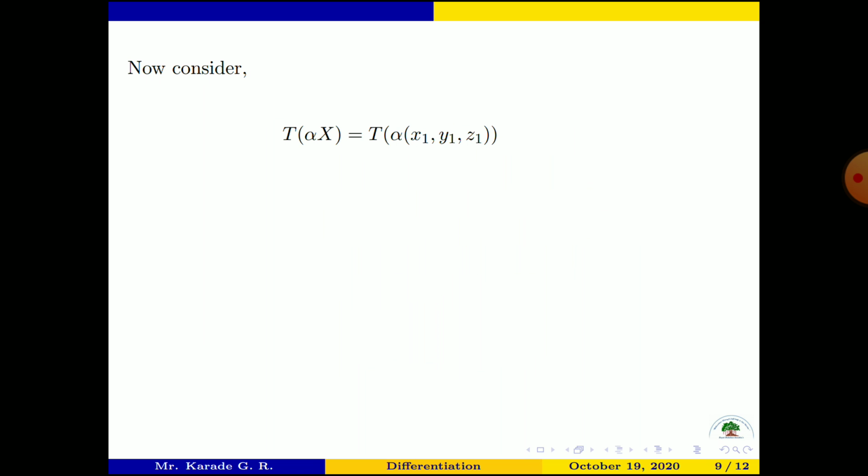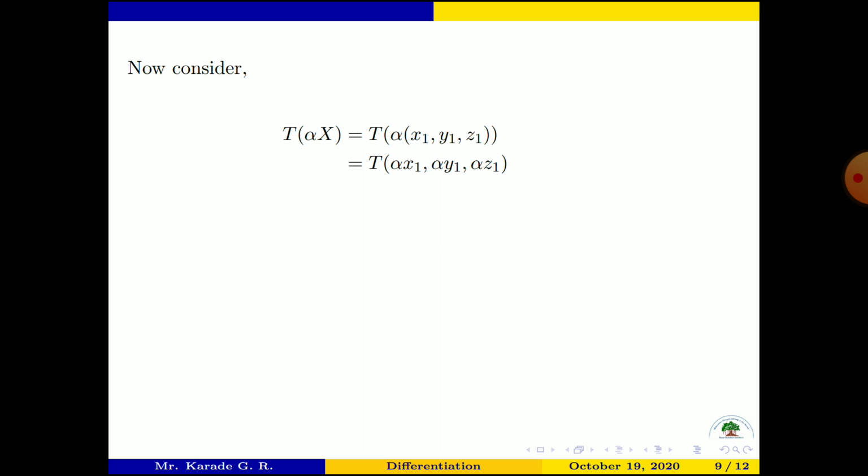It is equal to T of alpha times (x1, y1, z1). We know how to multiply: multiply the scalar alpha to each component of the vector. So it is equal to T of (alpha x1, alpha y1, alpha z1).